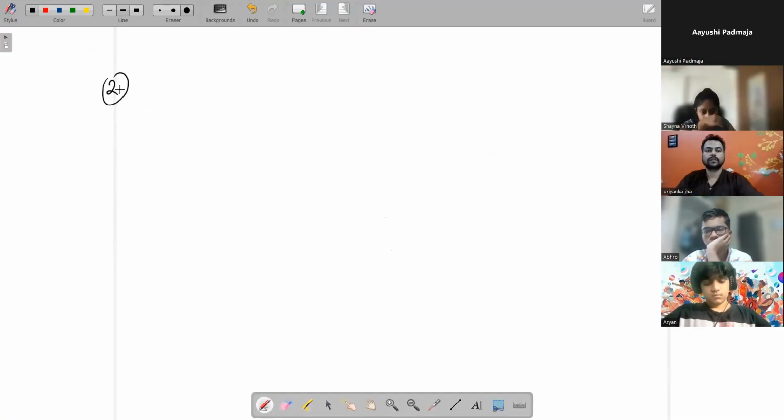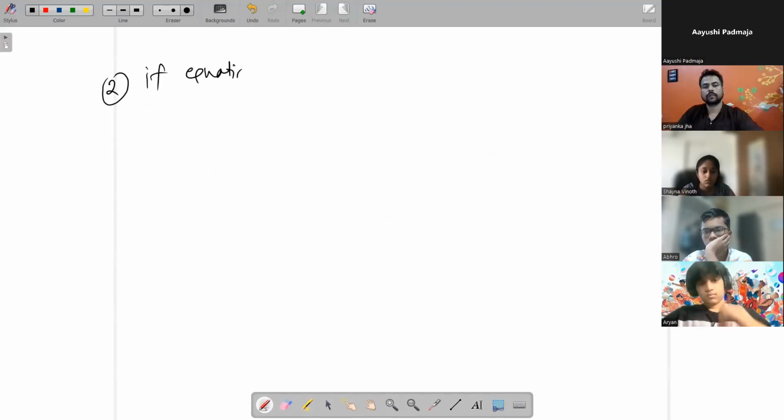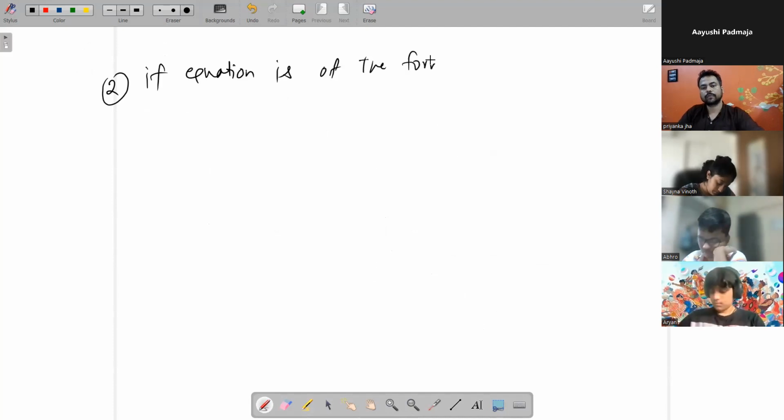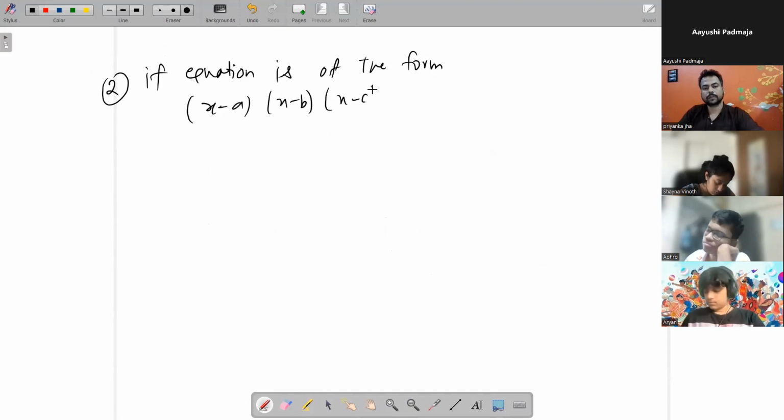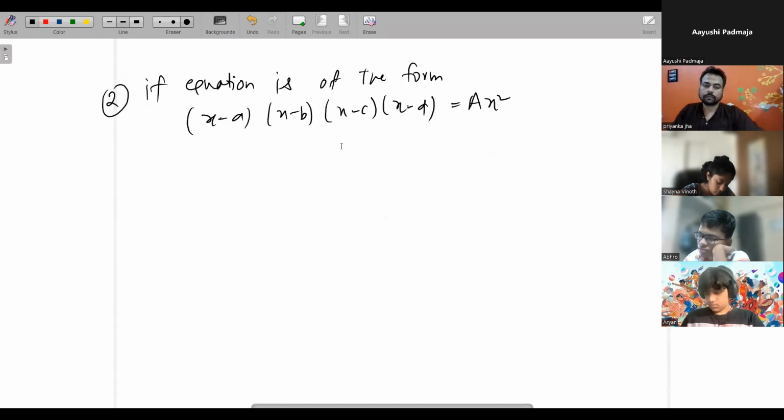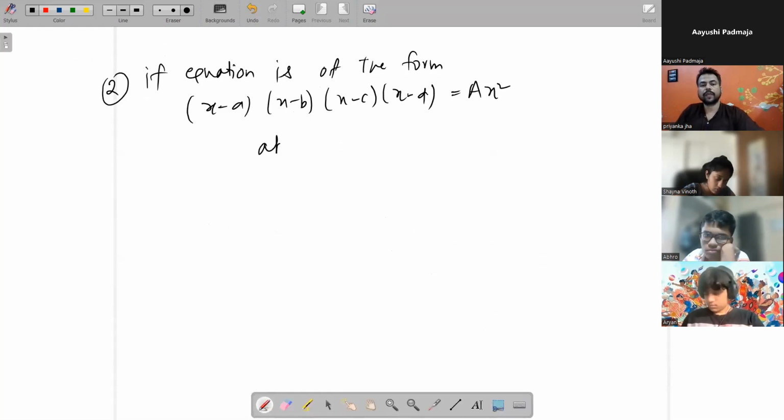Second rule, if the equation is of the form x minus a, x minus b, x minus c, x minus d equal to ax square. In this case, you have to see if AB equal to CD.